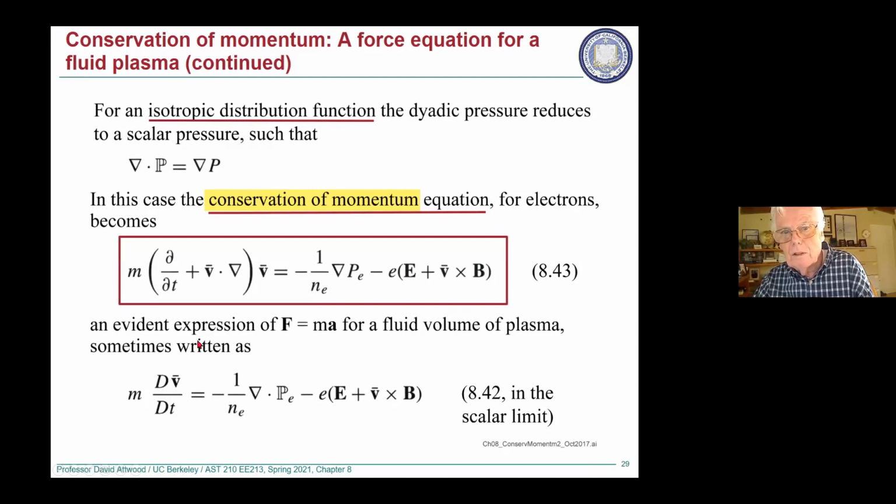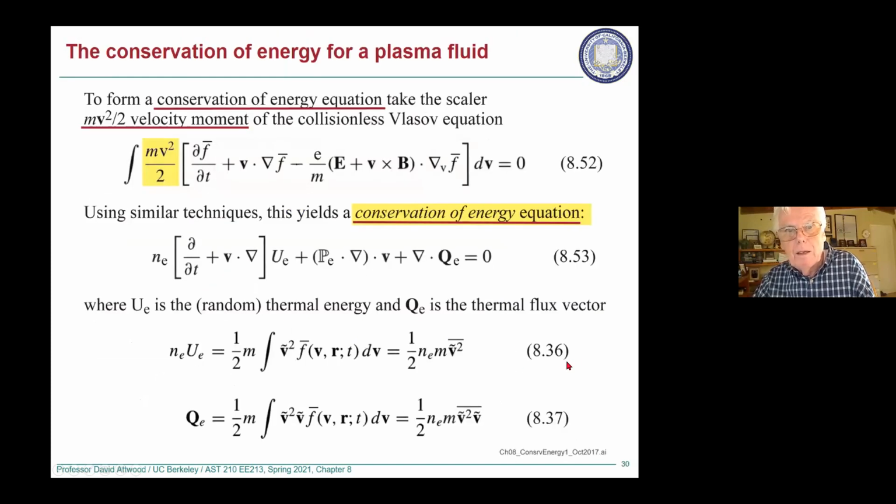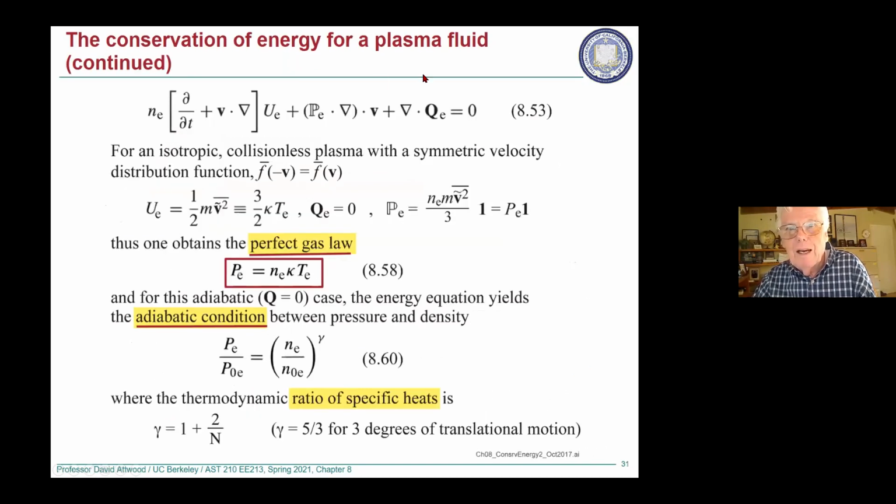Yeah, so it's essentially an F equals MA for a fluid volume of plasma. And this operator we sometimes write as the substantial operator, capital D/Dt. So I guess a lot of you are familiar with that. And if you go through this, you get an energy equation, but it's painful. In the end, you have to make some approximations here. And one is to make a scalar pressure.